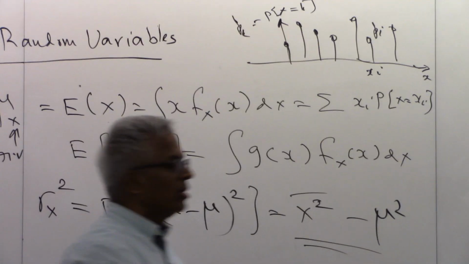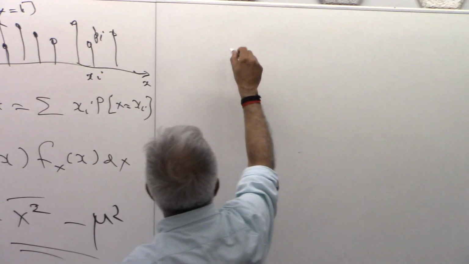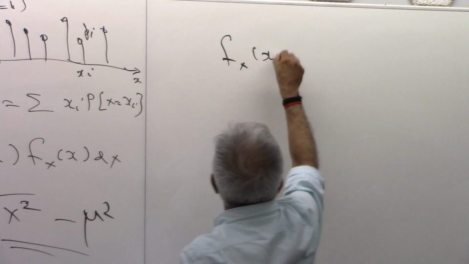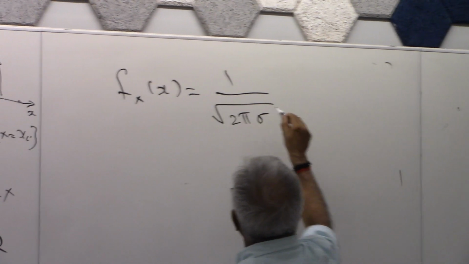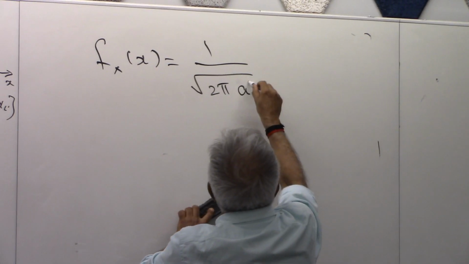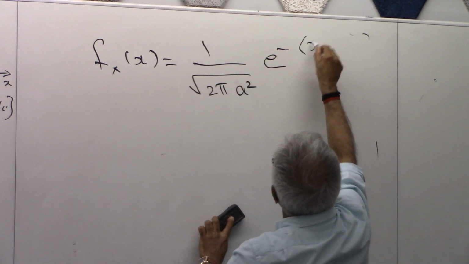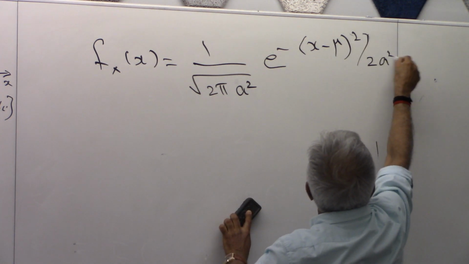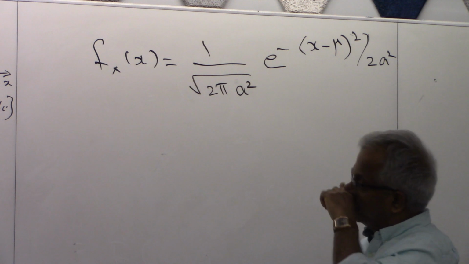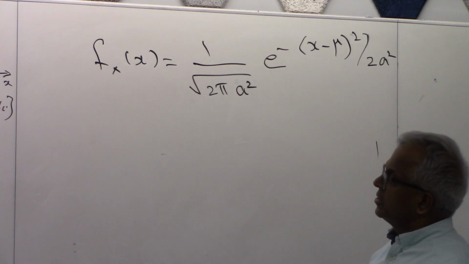So let's do it for the Gaussian. Let's say the density function is like this. I purposely changed this to different numbers to see. So the question is, what is its variance?